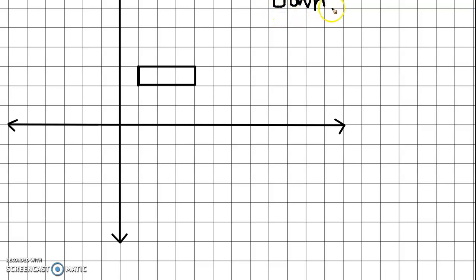So we're going to go down 4 units, and then we're going to do a combination here and move right five units. We're going to slide this shape down, and then go right.